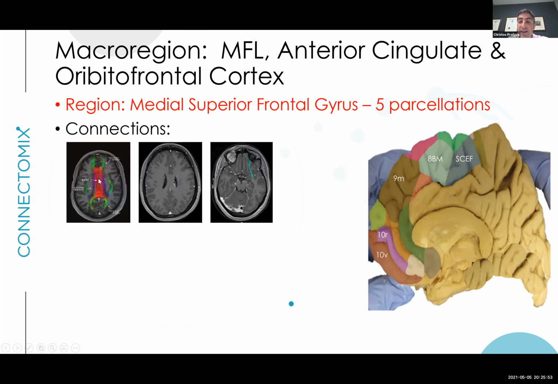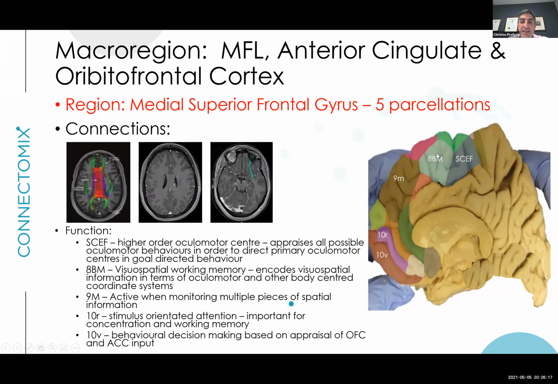Connectivity, again, we're connected to the corpus callosum, the forceps minor, and the body as we're very close to the midline. There are connections via the FAT to the inferior frontal gyrus. And then we've also got connections of the frontal pole with the temporal pole through the uncinate fasciculus.